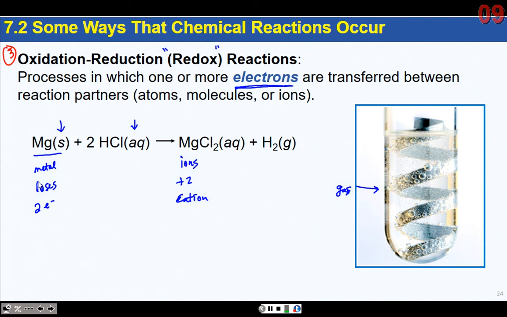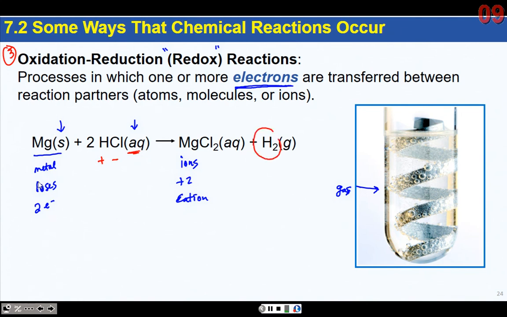Well, you have to think in terms of cations and anions again. We'll do more examples, but I just want to give you the first basic notion with these here. Think in terms of HCl having the potential for ions. When you put it in water, it will produce hydrogen ions and chloride ions. And the hydrogen ions are positive and the chloride ions are negative. Well, where are those electrons going to go?